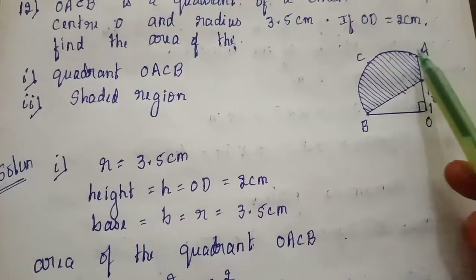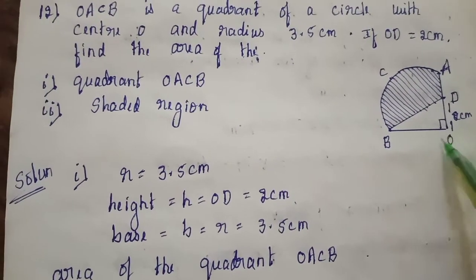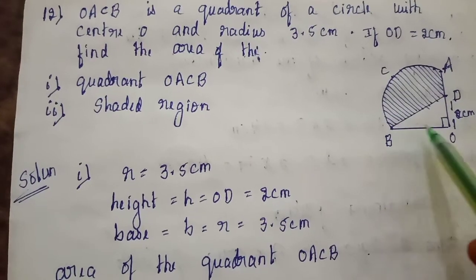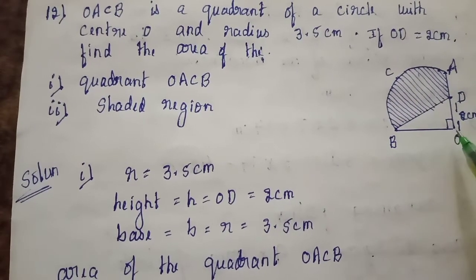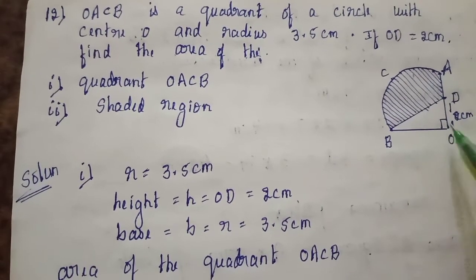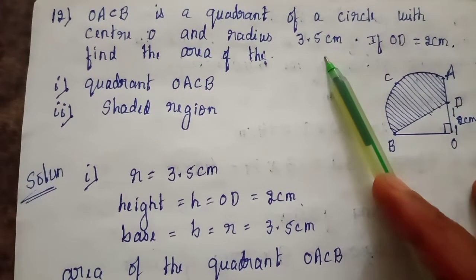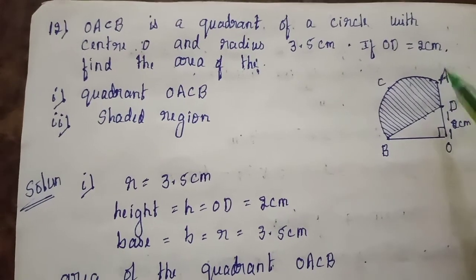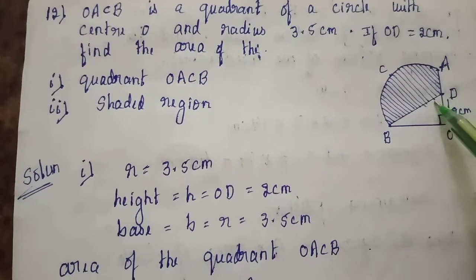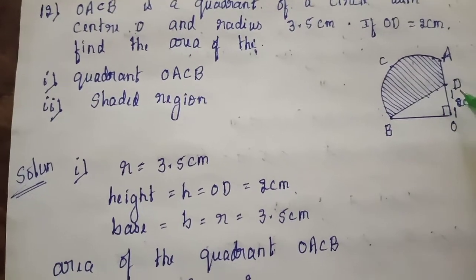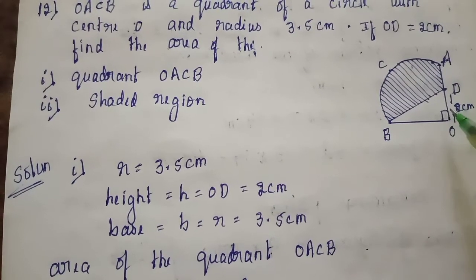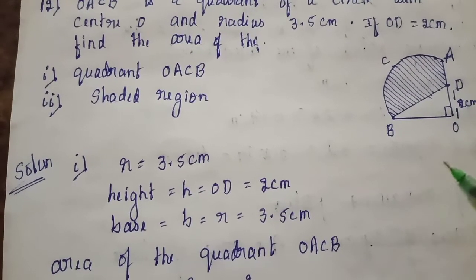You cannot see the circle here, but you can see the quadrant of the circle. So for this quadrant, what is the radius? O is the center, means OA and OB will become the radius. Given radius is 3.5 centimeter. And OD is 2 centimeter, you can see here D is a point on OA. If OD is 2 centimeter, find the area of, two sub questions you have.